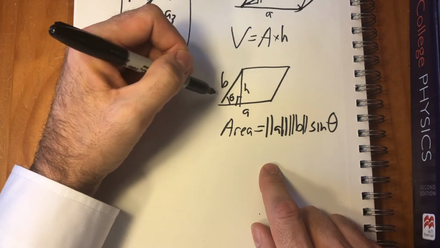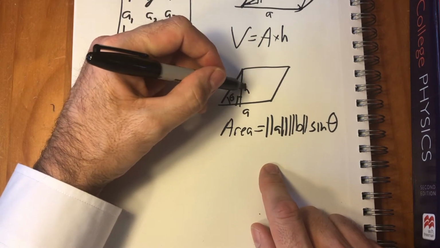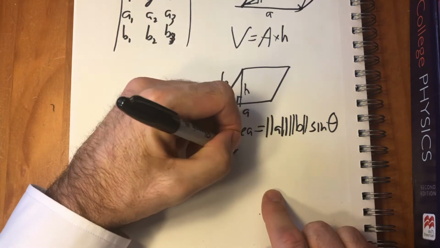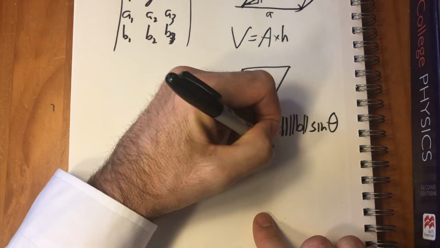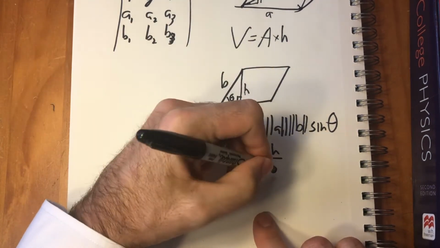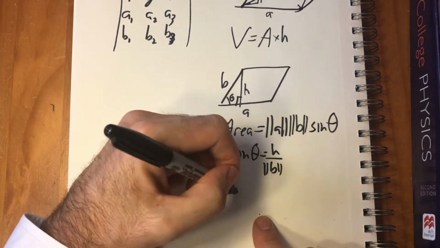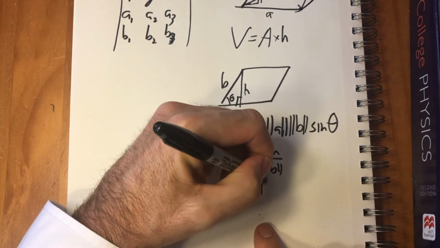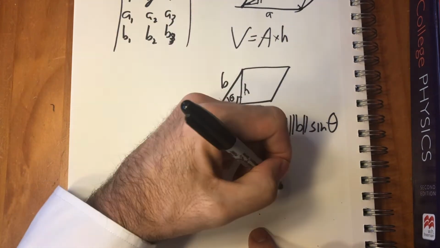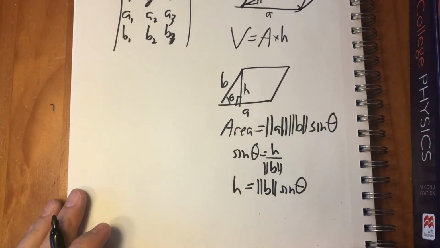So if we have the sine of theta equals the opposite over the hypotenuse, then the height is B times the sine of theta, okay?